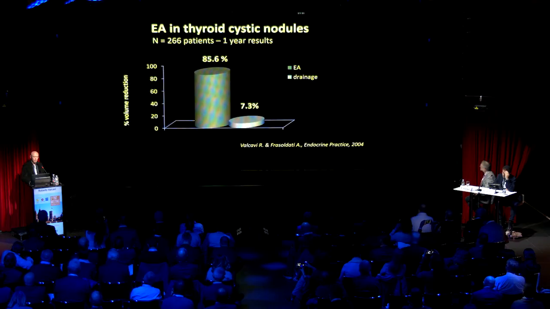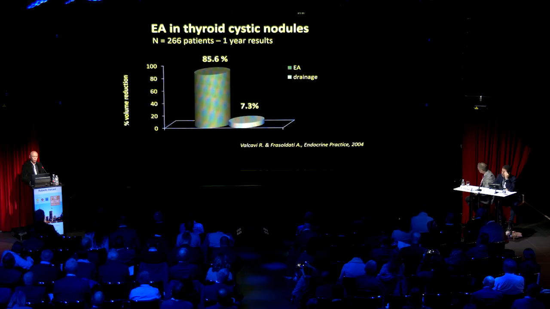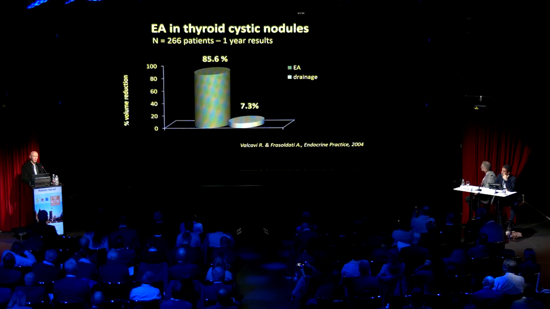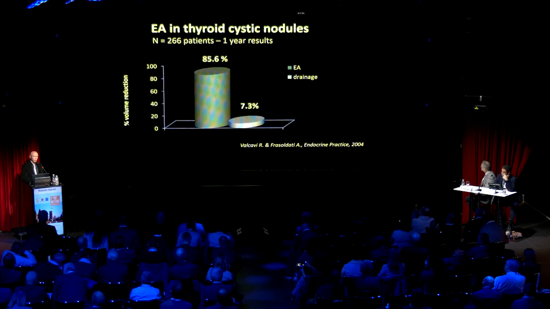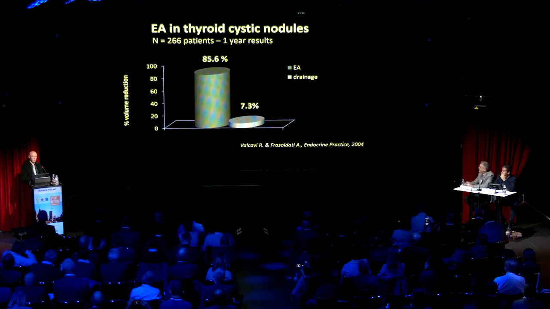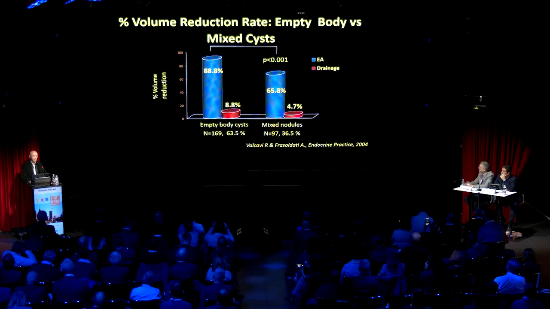This is an old study published with Dr. Fasoldati as early as 2004 in 266 patients, comparing ethanol injection to simple drainage. So there is no doubt that ethanol ablation was more effective, 85.6% in overall patients volume reduction rate versus 7.3%.